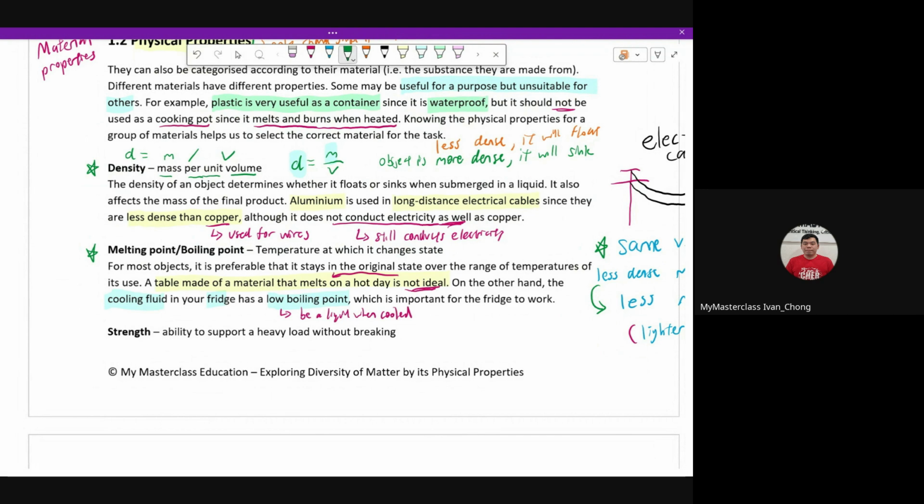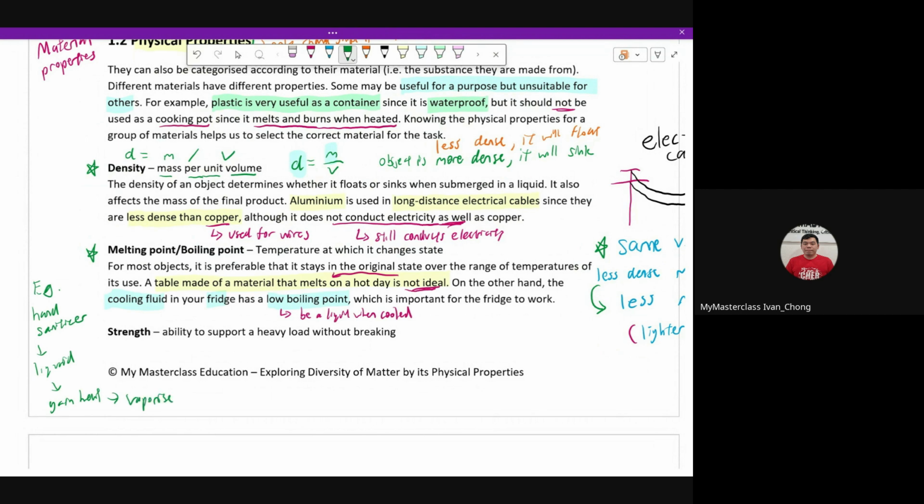Similarly, another example would be your hand sanitizer. Your hand sanitizer, when you squirt into your hand, it can be a gel or a liquid, right? But once you gain heat, it will vaporize. So when it vaporizes, it will cool you down, right?